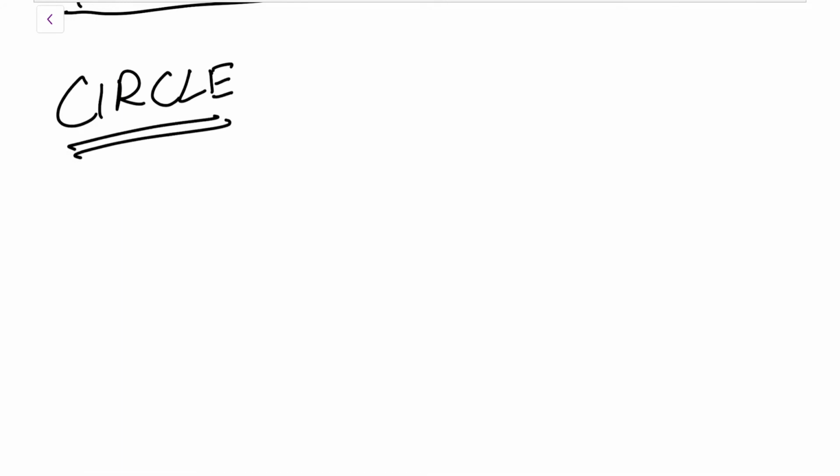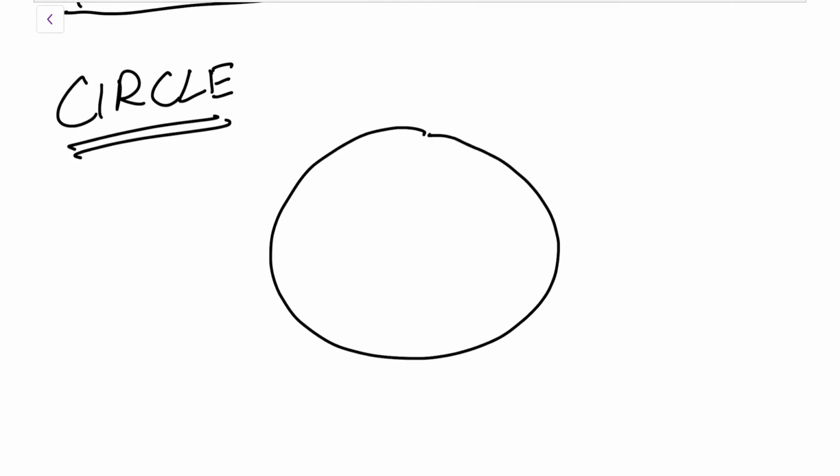Okay, now let's look at the last shape, called a circle. All of us know how a circle looks. This is how a circle looks. As you can see, circles have no line segments, no corners, no angles, but it has a center.